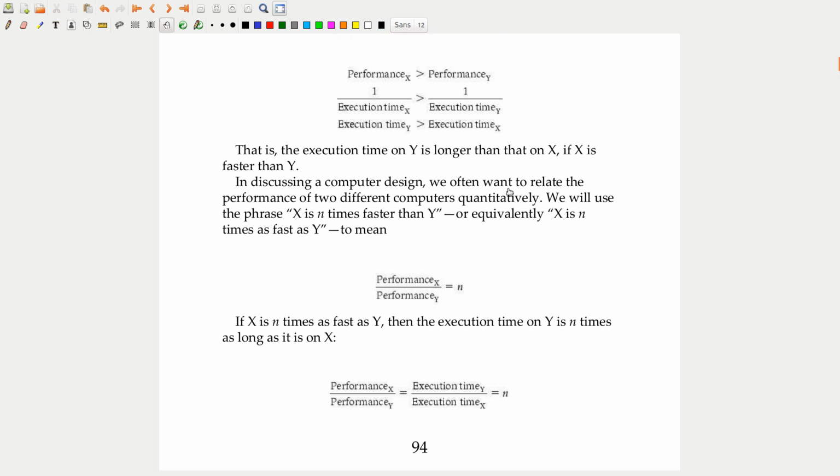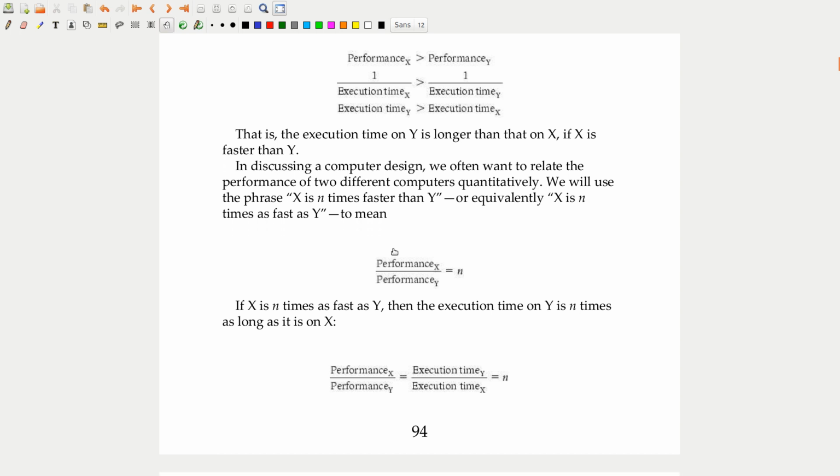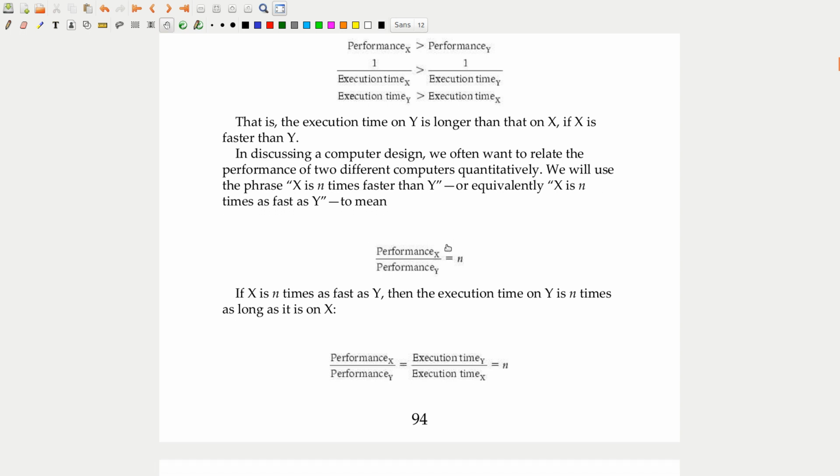In discussing computer design, we often want to relate the performance of two different computers quantitatively. We will use the phrase X is n times faster than Y, or equivalently, X is n times as fast as Y, to mean the performance of X over the performance of Y is equal to n.